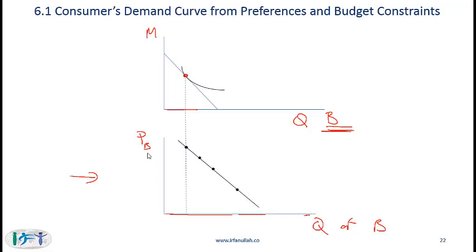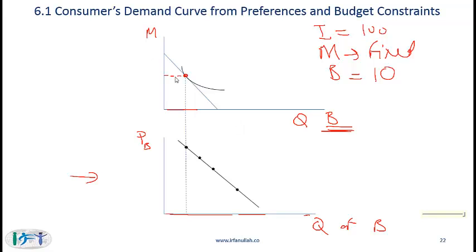price of bread changes. With this particular budget, we have an income, let's say that's fixed. We have the price of milk, which is fixed, and we have a particular price of bread. So initially, let's say that the price of bread is equal to 10. With this particular information, we have a given budget constraint line.